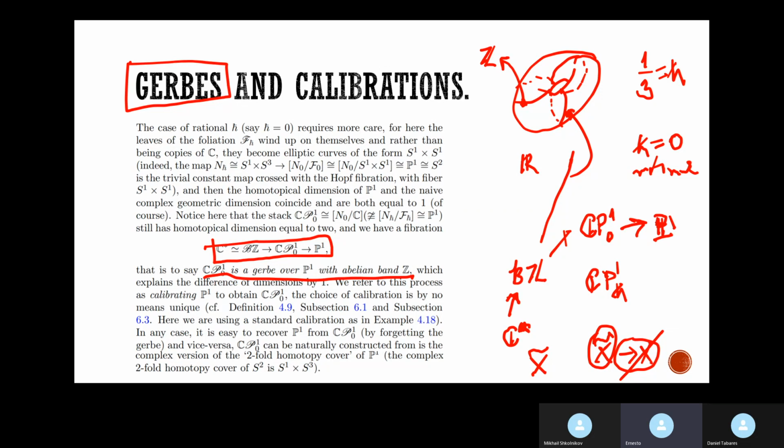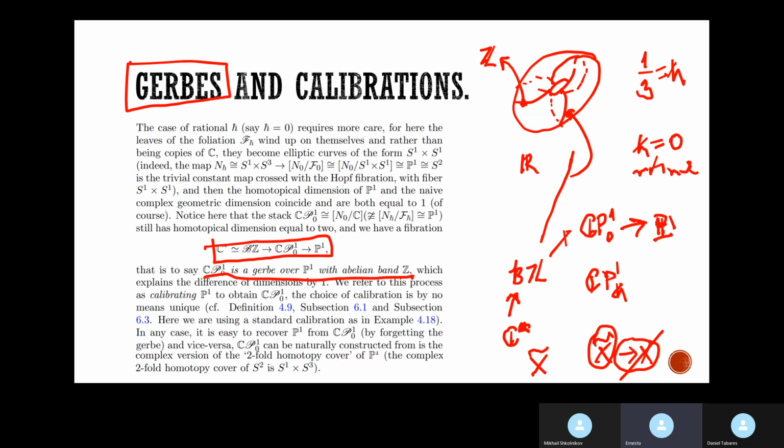By just remembering this, the fact that this is really almost nothing. It's just remembering that this is not a circle, but a copy of R winding eternally on itself. That's all that we're doing.